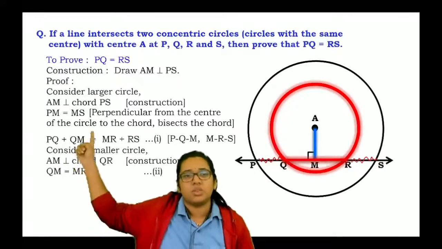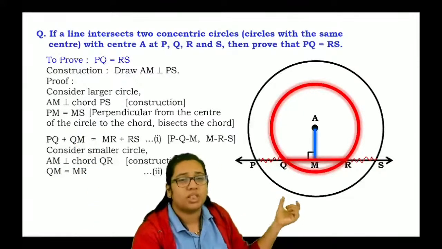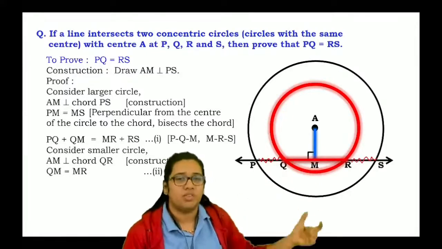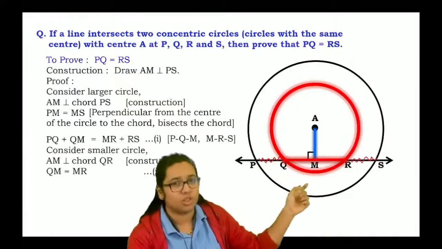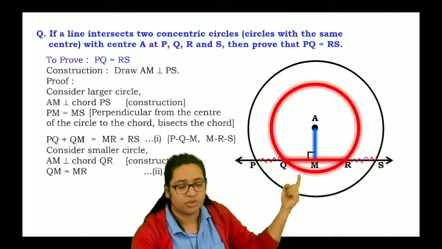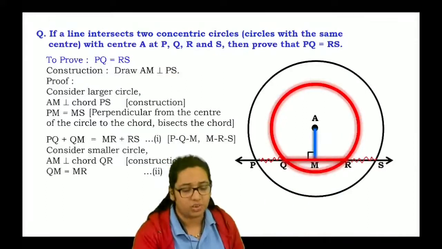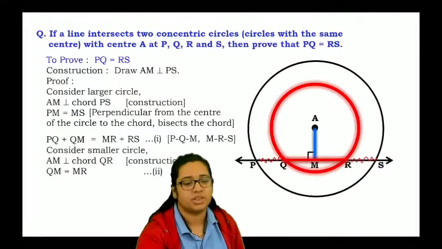So again using this result, a perpendicular drawn from the center of the circle to the chord bisects the chord. As QR is a chord of the smaller circle, because of this AM, we can say that QM and RM will be equal. Are you getting this one? Yes or no?